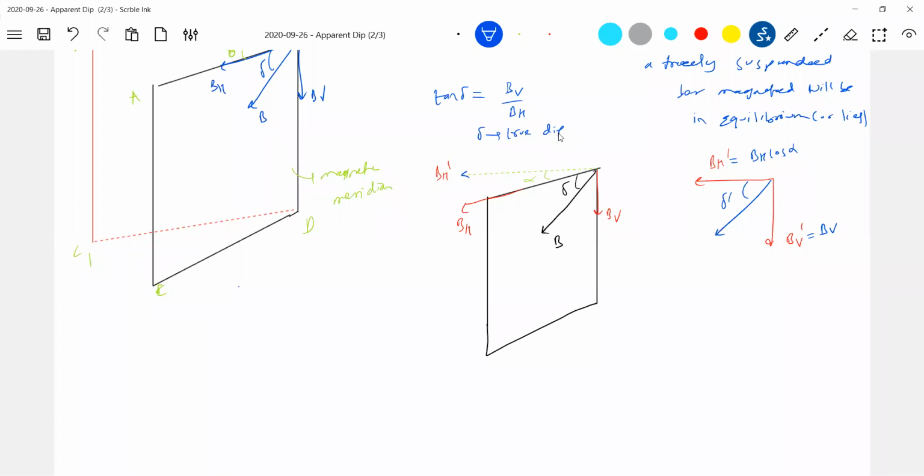Now what is BH dash? BH cos alpha. So now what is the tan delta dash, the apparent dip, what we measured? This should be equal to BV dash by BH dash. This is BV, BH cos alpha. So what is BV by BH?